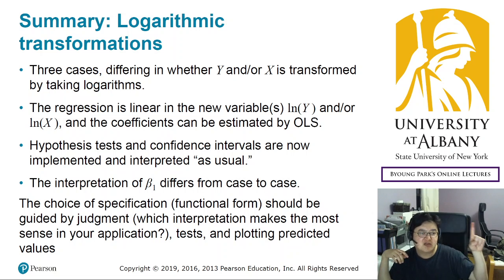A 1 unit increase in log of x means doubling x, a 100% increase in x. So just keep that in mind and apply that conversion to any model you have. Then it will be easier. You don't need to memorize that. Memorizing this is very dangerous because it's very confusing.